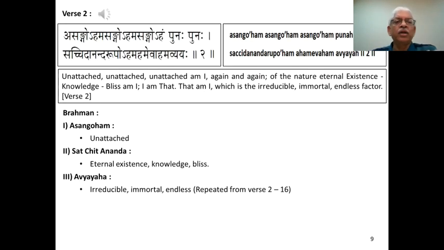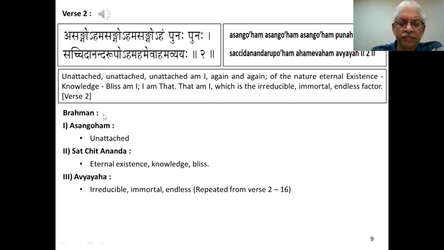Okay, let's go now to the actual text. We will hear this chanting by one person. You just listen to the chanting so that you can also chant together with this. Don't worry if you can't chant, doesn't matter. Understand the meaning, which is more important.